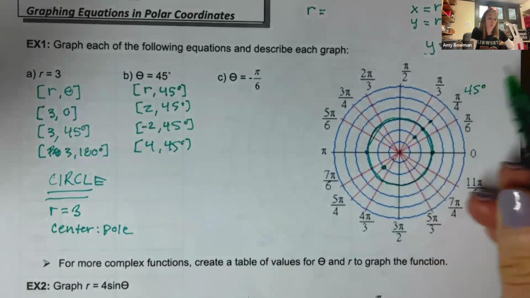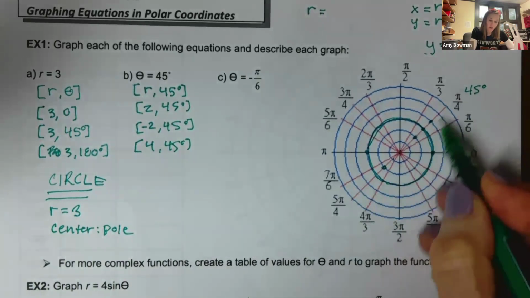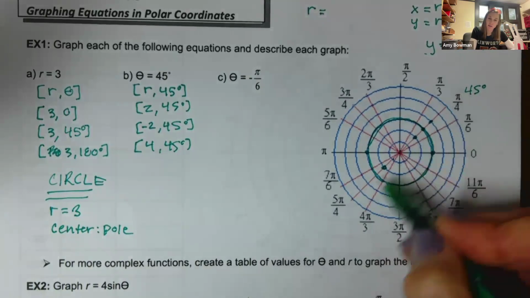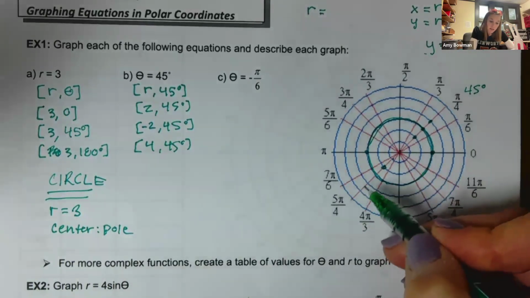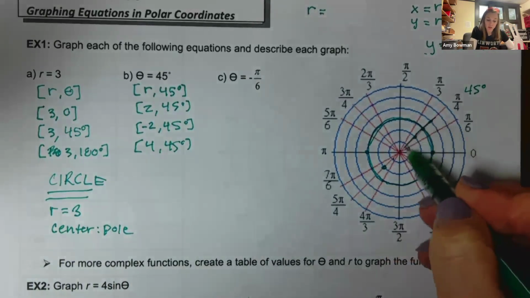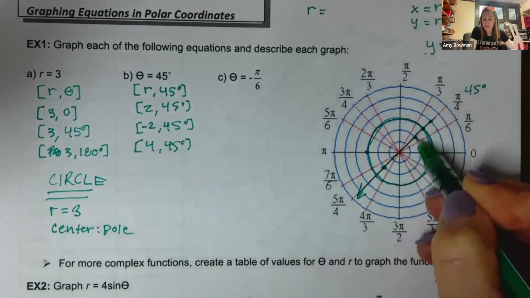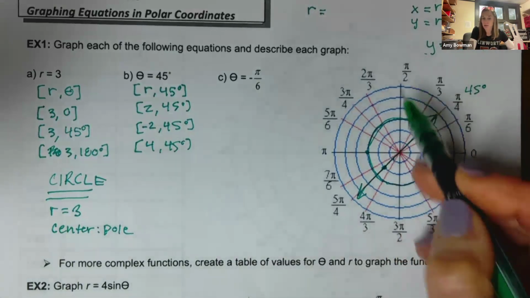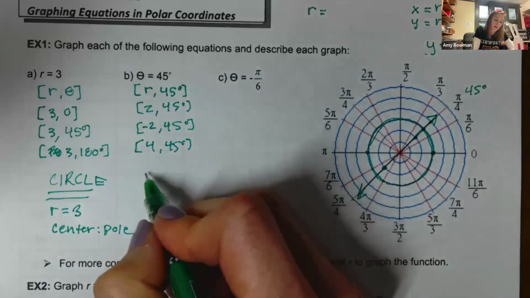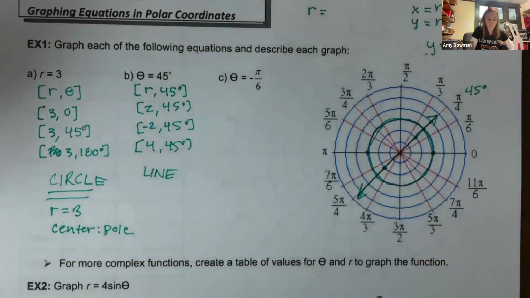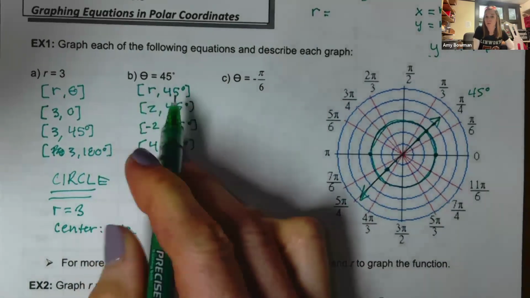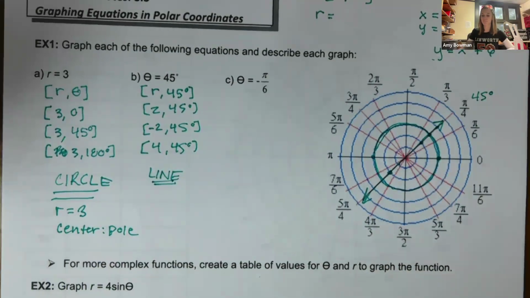No matter what r is, we are always facing the 45-degree direction. This is going to form a line. We're used to graphing lines in rectangular form, that would just be y equals mx plus b. We also see lines being graphed in polar form simply by giving theta equals some rotation value.